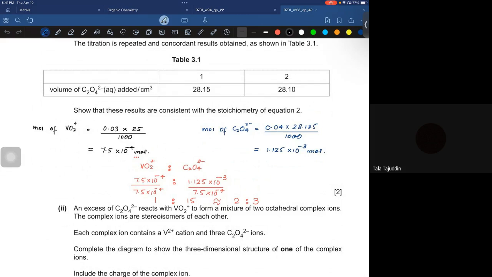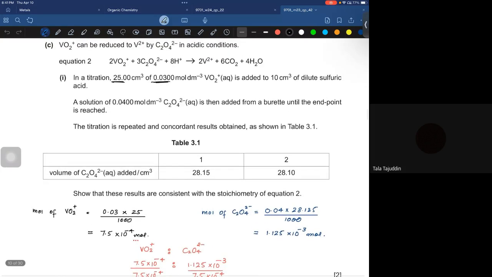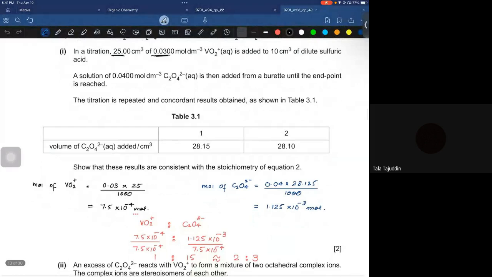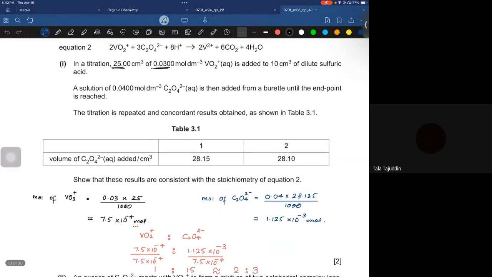So first of all, you would be calculating the moles of VO2+. Then you would be calculating the moles of C2O4 2-, because the concentration and the volume are given to you. After finding the moles of both species, I would be dividing by the smaller number, so I would get the mole ratio.